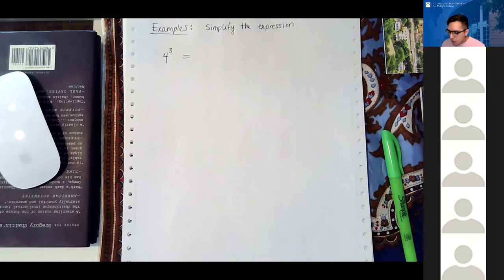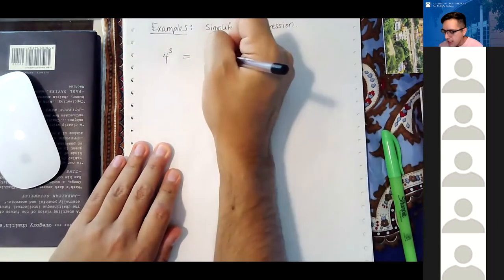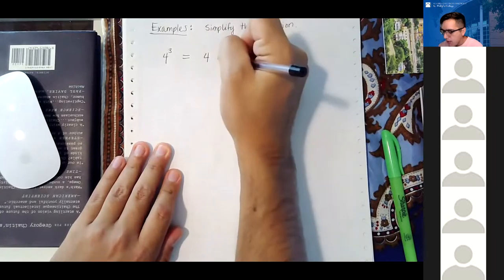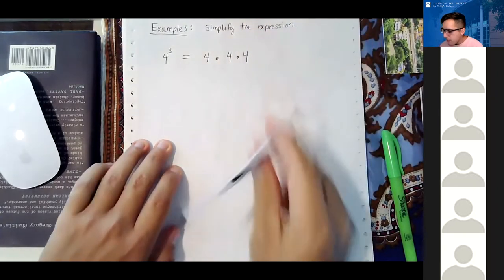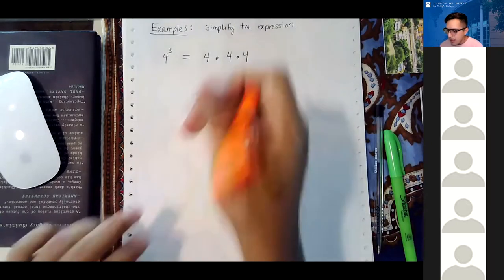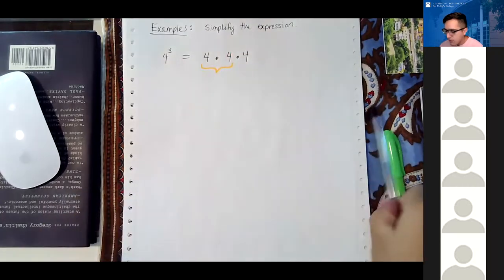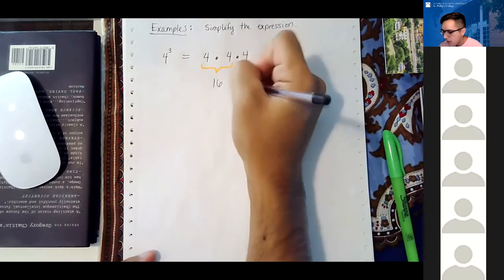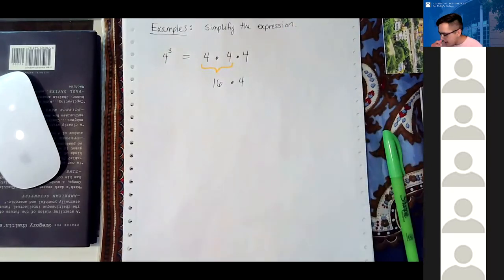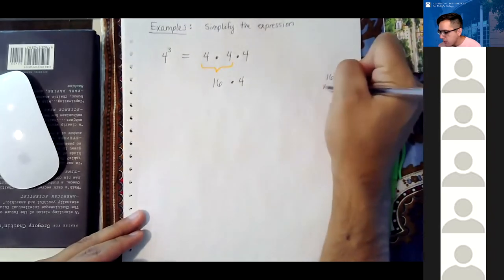Okay. Well, the reason why it's 64 is because we're going to apply that definition of our exponent. This is repeated multiplication. So I'm going to have 3 copies of 4. I'm going to multiply those together. And when we multiply numbers, we just do it 2 at a time. So this will be 16, 4 times 4. And then we need to multiply that by 4. And so you could do that by hand. If you wanted to do some scratch work off to the side, you could do 16 times 4.